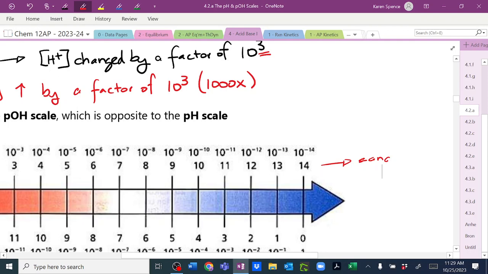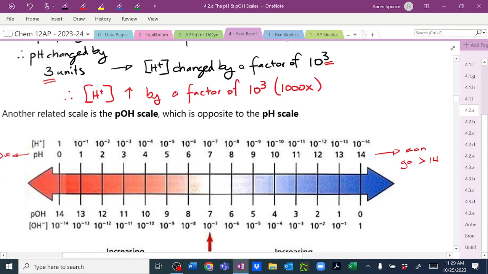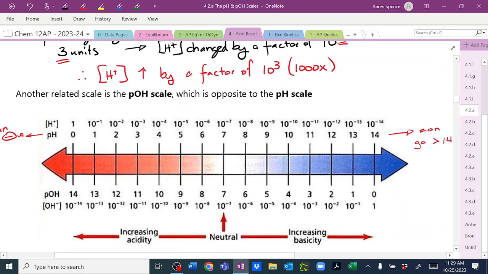It can go greater than 14. Okay, so it can become less than 0 or greater than 14, but we are used to having a pH scale that goes from 0 to 14. That's the normal range of pHs. If you have concentrated hydrochloric acid, as concentrated as you can get, that's going to be a pH of probably about -1.